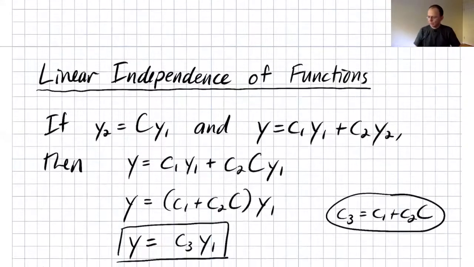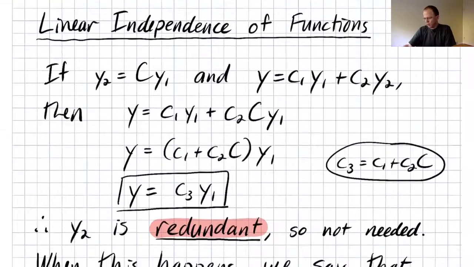Okay, so an important idea when we're taking two solutions of a differential equation and then combining them as a linear combination. So here's that linear combination again, right there. So we're going to form this linear combination, and a really important property for these functions to have is that they're not redundant ingredients.